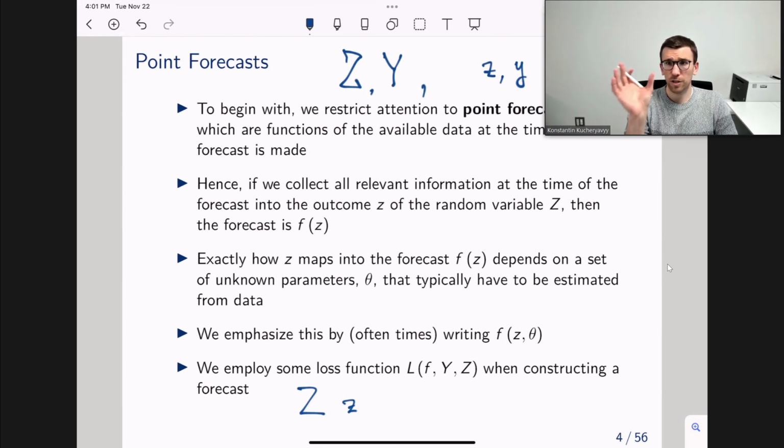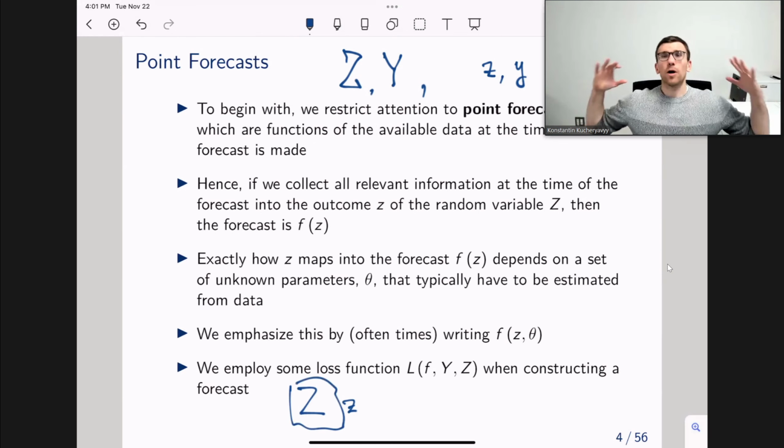So if we think about a cross-sectional setup, where we have observations on, say, a person, their income and all kinds of characteristics, job experience, education, and so on, then Z would be the whole data set containing all people.